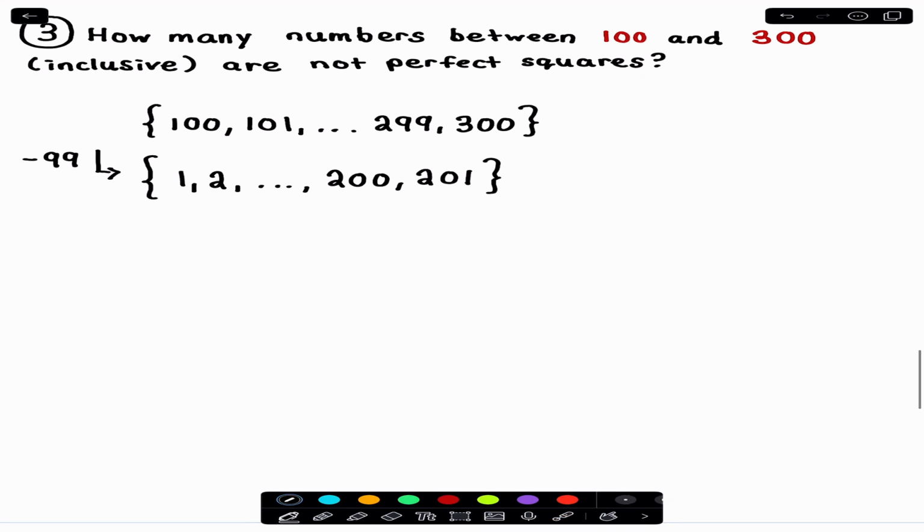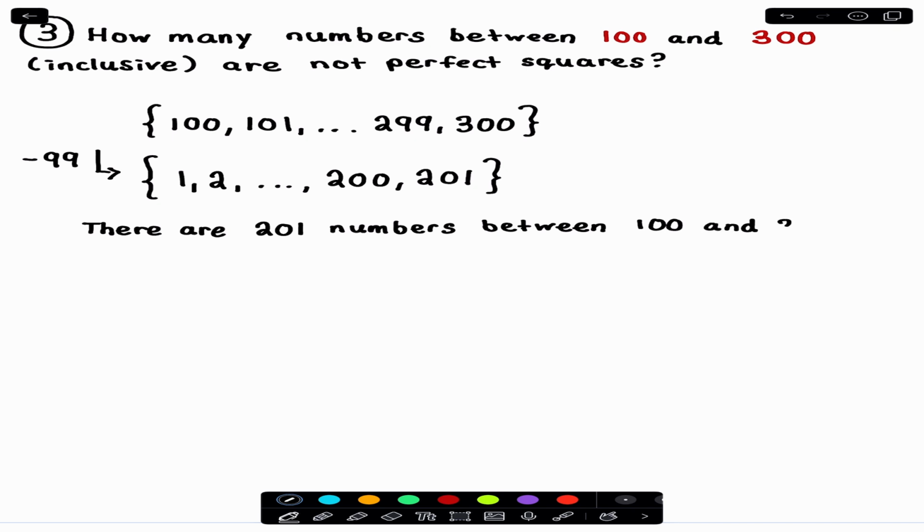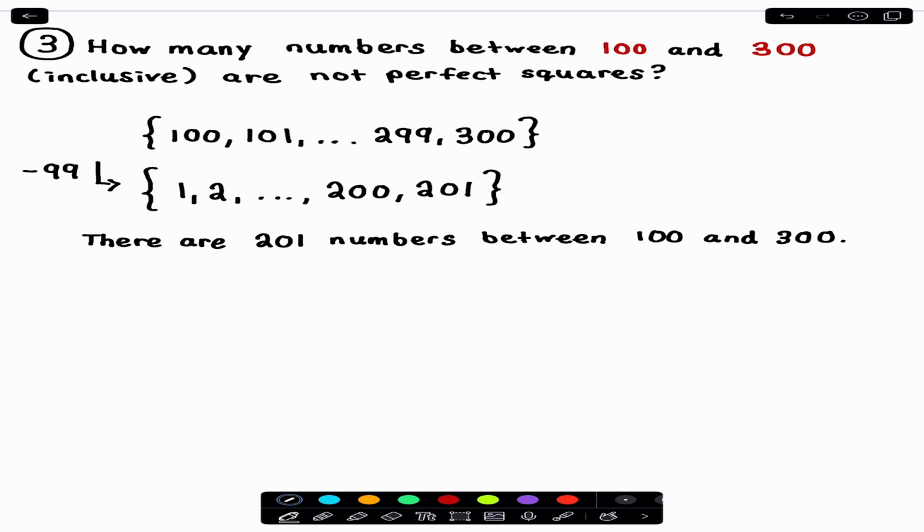So that's something to keep in the back of our mind. There are 201 numbers between 100 and 300. Cool. And now we're going to ask ourselves instead, how many of these numbers are perfect squares?